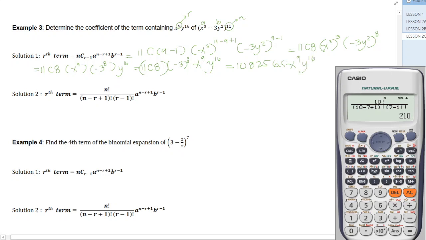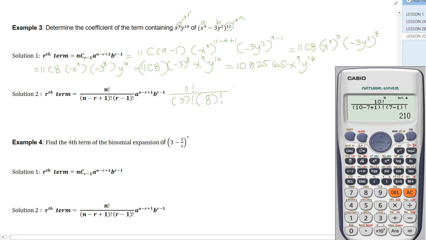And for your second solution, let us just have this one again. That is 11 factorial divided by 3 factorial multiplied by 9 minus 1, that is 8 factorial.